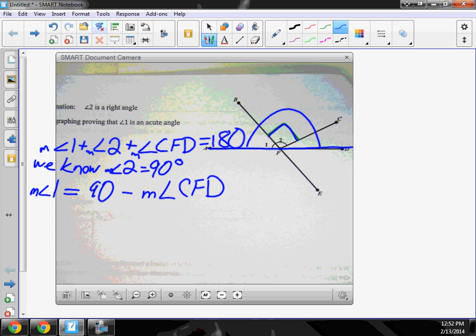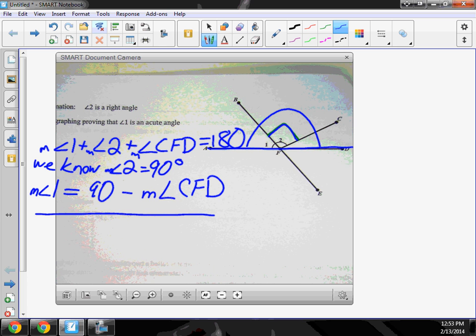No, because it exists. It's an angle, and angles cannot be 0. So CFD has to exist. Could CFD be obtuse? No, why not? Right. So no matter which side you argue, technically they both have to be acute. So the only way for this to work is if 1 and CFD are both acute. Therefore, angle 1 is acute.